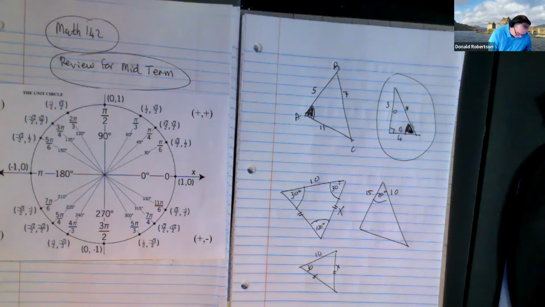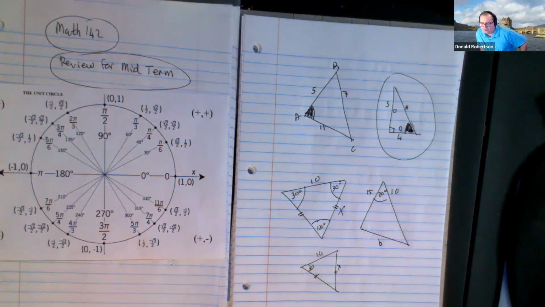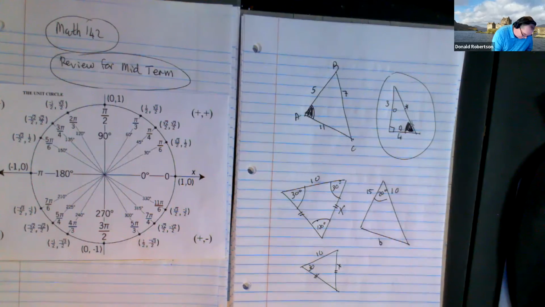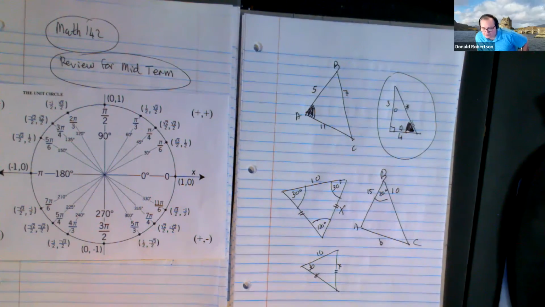In this question here, suppose I asked you to find the length of this side here, I'm calling it little b, probably because that's big B. Sine rule, cosine rule to find this missing side.